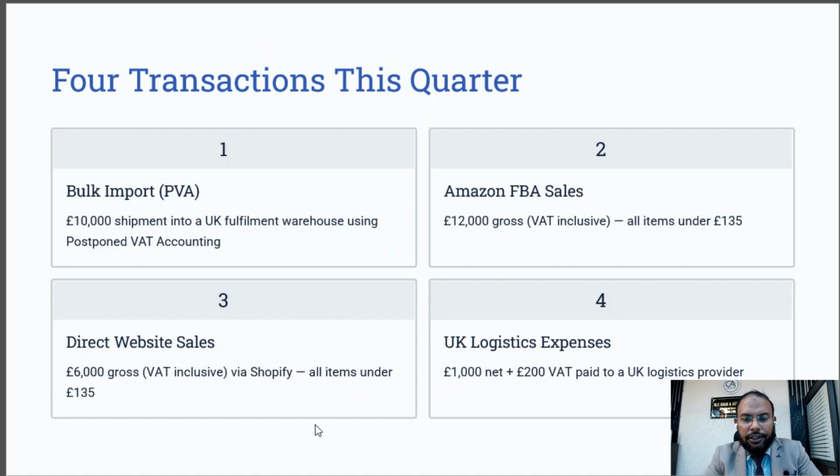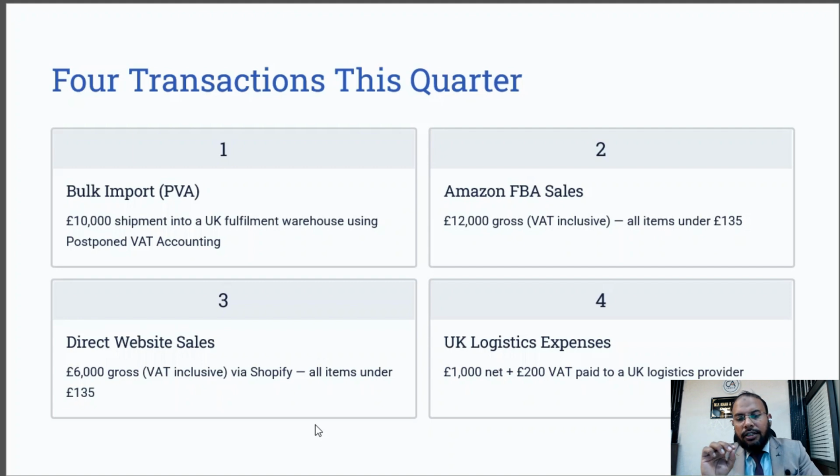Regarding the second transaction, after sending goods to Amazon FBA, Amazon sales start. The total gross sale is 12,000 pounds. Regarding the third transaction, direct website sale, the total is 6,000 pounds including VAT.